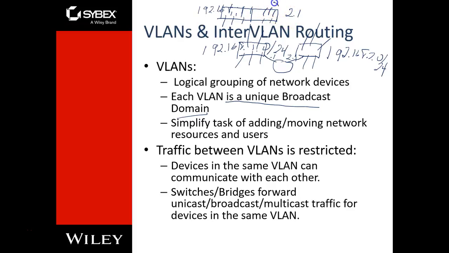And we go in and configure each of the interfaces that we want to be on the 2.1 network, saying, hey, it's on the 2.1 network, and the 1.1 we do the same way. They still cannot talk to each other until we put a router in there. We have created, in effect, two switches on a single switch, virtual switches, virtual local area networks, and they do absolutely divide the broadcast domains.